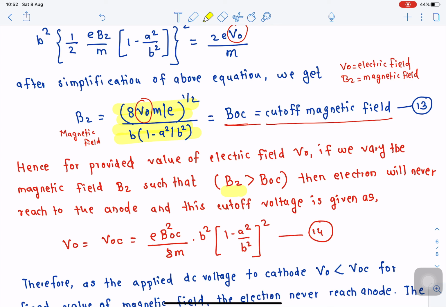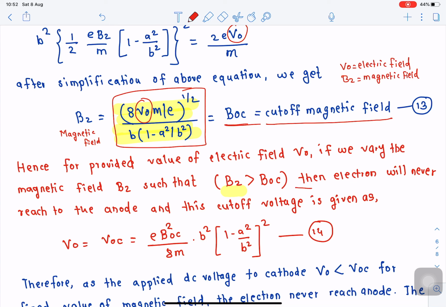So when we keep the magnetic field Bz greater than the cutoff value, this particular quantity indicates the cutoff magnetic voltage. So we will adjust the applied magnetic field such that it will be slightly greater than this value.